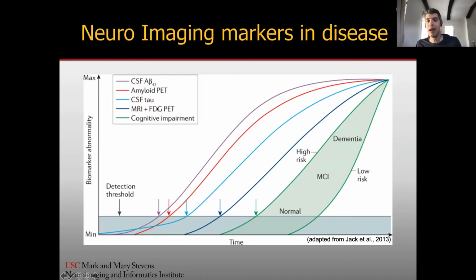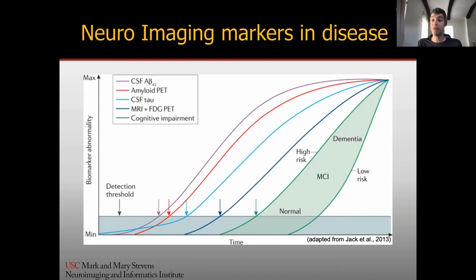And the idea is that you have this progression of the accumulation of, for example, amyloid beta peptide as measured by PET, or the accumulation of tau as also measured by PET, or other biomarkers such as CSF, as well as the neurodegeneration as measured by MRI. And I want to emphasize that this is a framework, right? It doesn't imply any causal mechanism, or any temporal order, whether, for example, amyloid or tau is coming first.